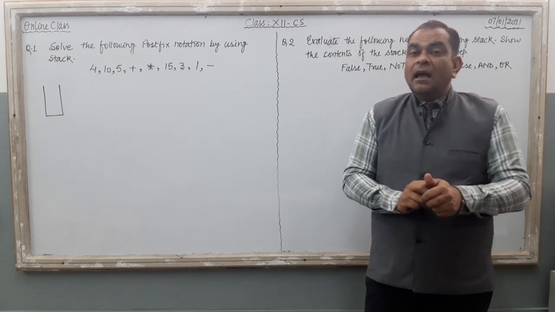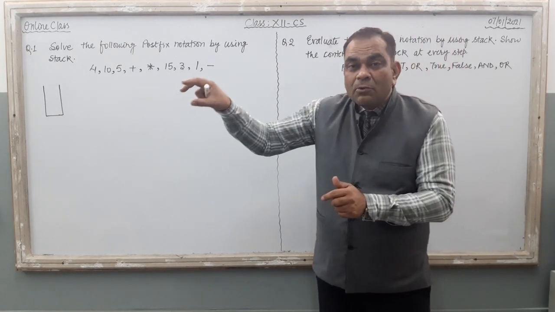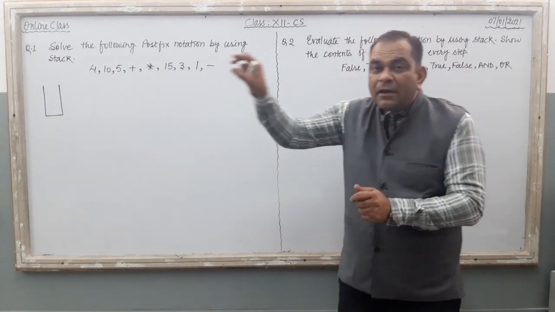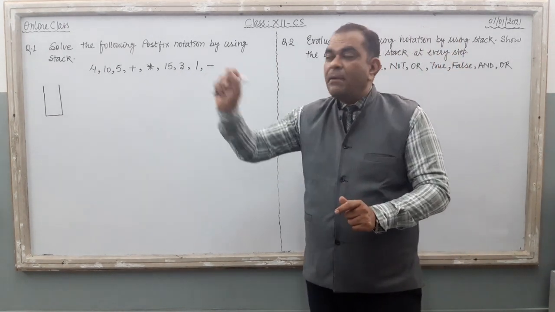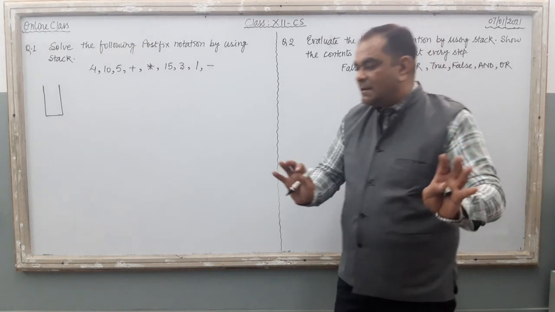If the operator is a binary operator, then you have to pop 2 values from the stack, evaluate them, and then put the result back inside the stack. This is the simple logic here.